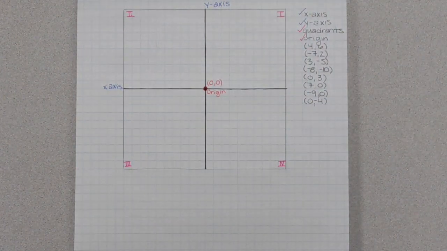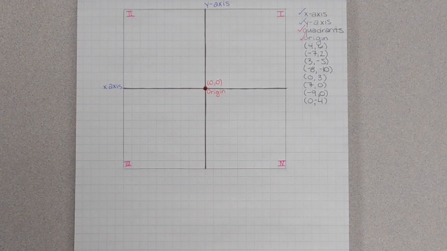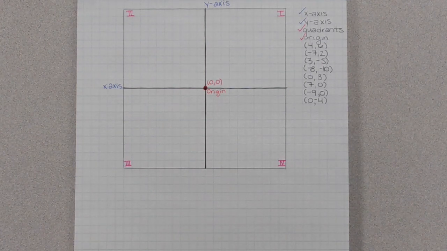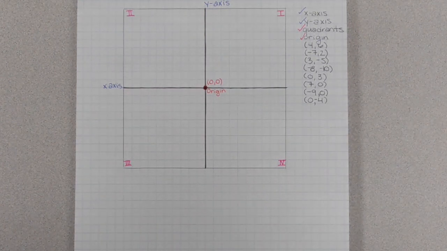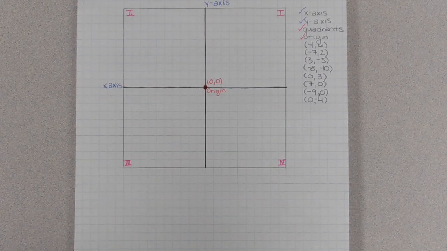Then I have a variety of points that I'm going to go through. The first point that I have is 4, 6. If you can't figure out if the 4 is the y or the x value, what I recommend doing is singing yourself the alphabet.